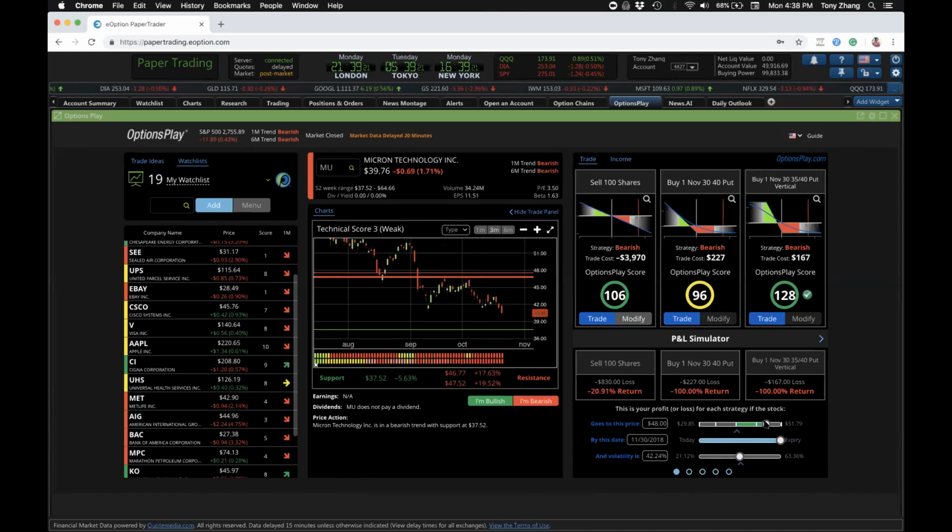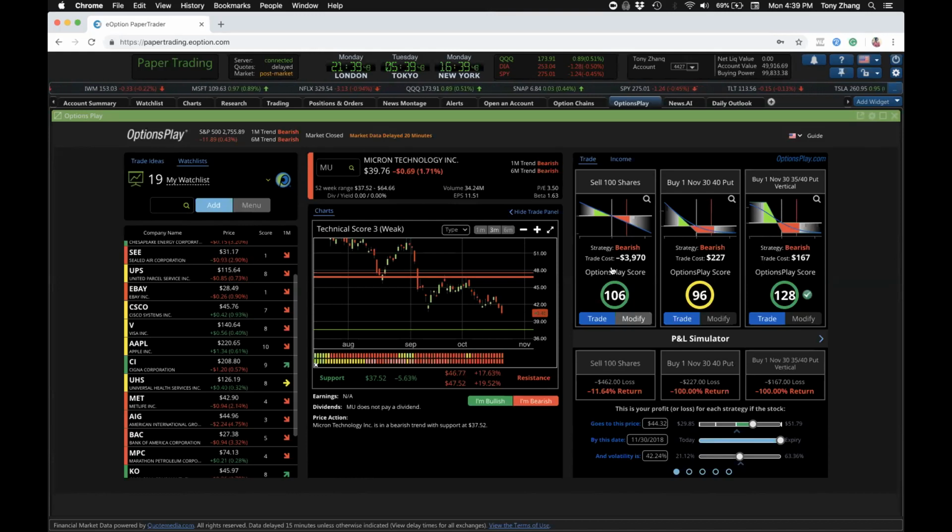So not only do I make a significantly higher return if I'm right on the spread, but I risk the least amount of money, a fraction of what I'm risking if I had just shorted that stock. And that is the huge benefit, especially if you're looking at any bearish strategies. You really should be utilizing options to take that directional view, because in the case that you're wrong, you're going to be able to limit your risk, which means that you're going to have more dry powder to make your next trade, even if you're wrong on this trade.